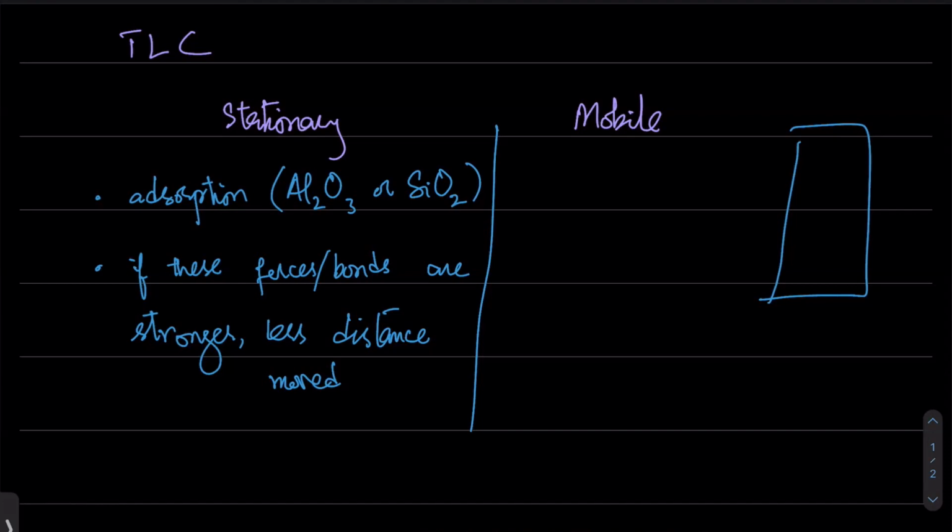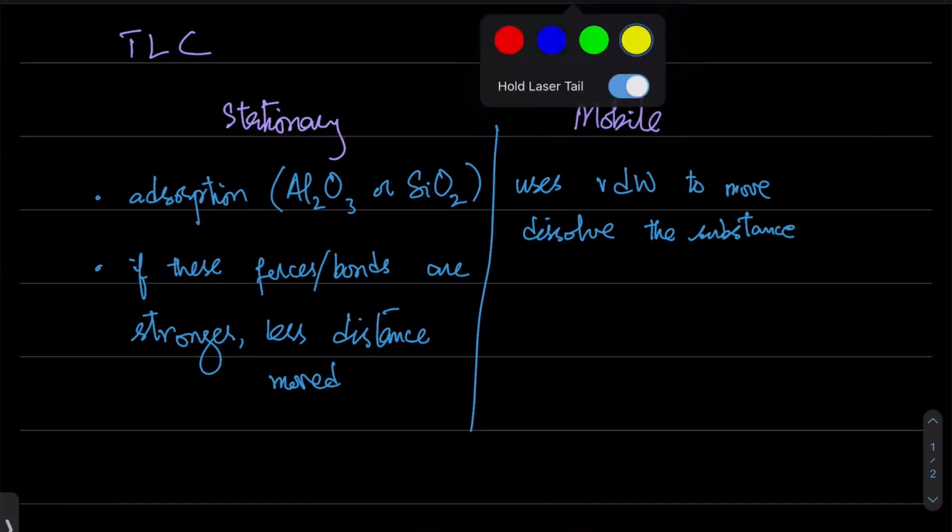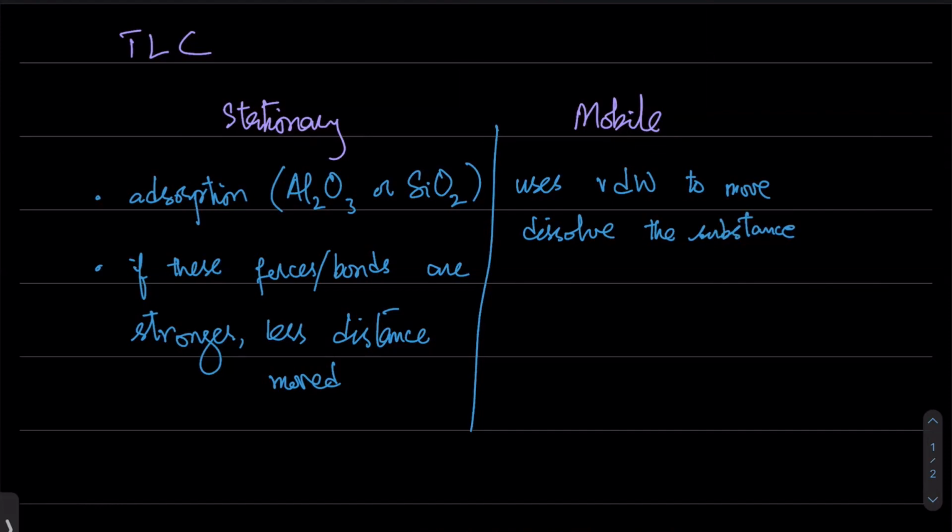So it uses van der Waals forces to move or dissolve the substance being analysed. So chromatography is basically a fight between stationary and mobile, to see which one wins the tug of war.